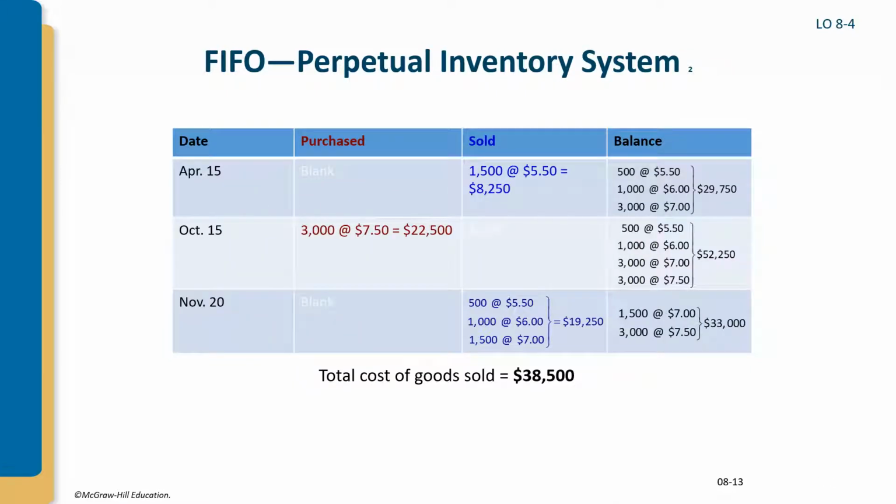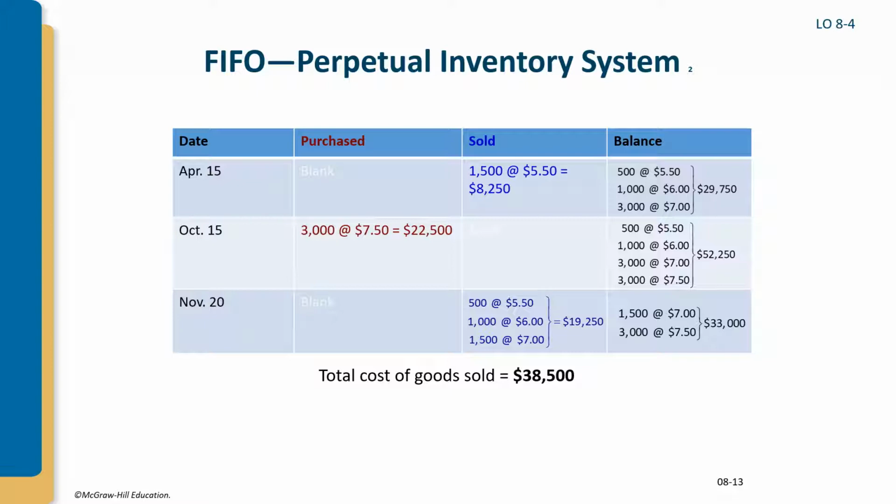When we sell inventory, we're going to look back, and I'm sorry I can't go backwards, but we're going to say, what's our oldest inventory item? They were the 2,000 that cost $5.50 each. So we're going to remove 1,500 of those because this assumption is oldest inventory is sold first.